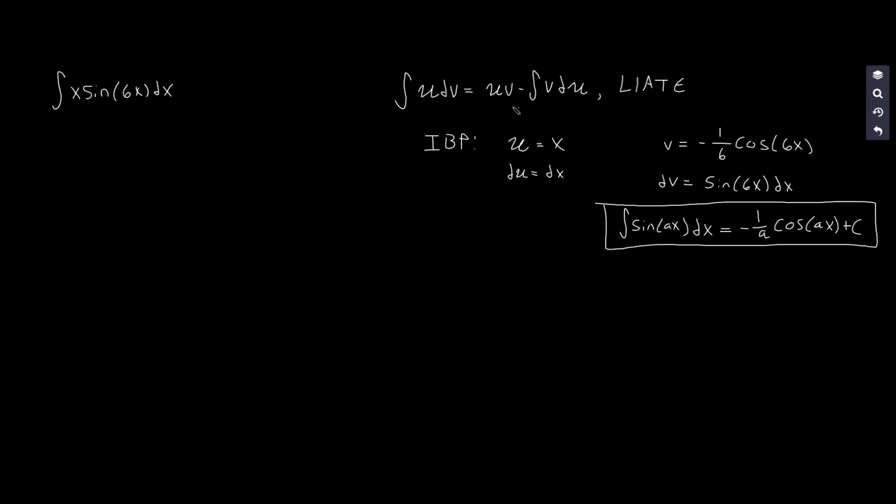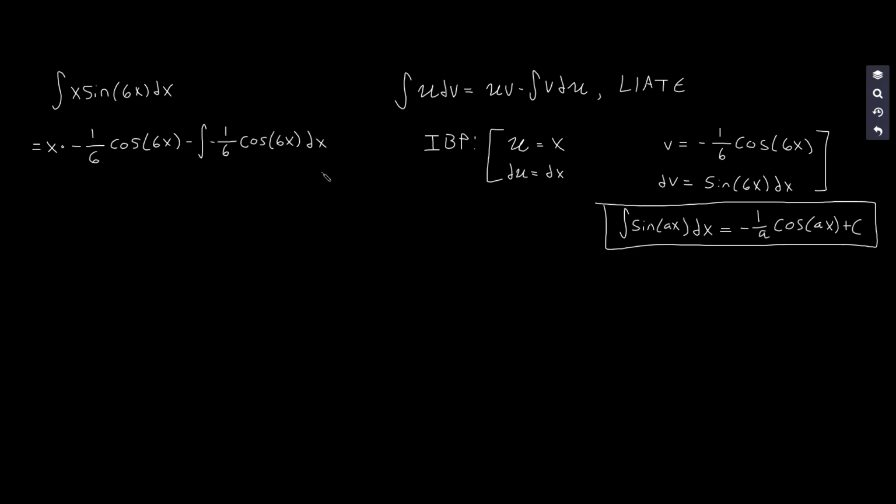And then to set that up with the formula, it's going to be like this: x times -1/6 times cosine of 6x minus the integral of v times du.